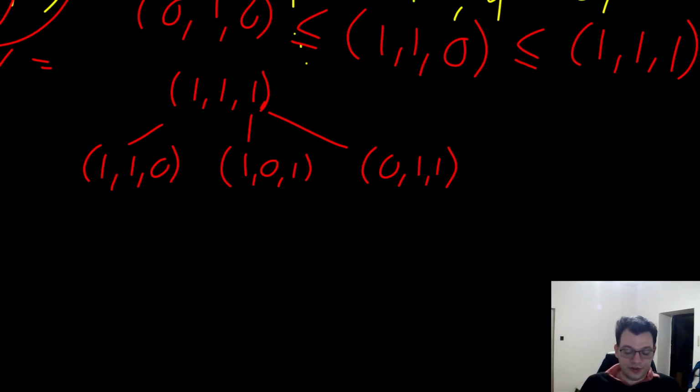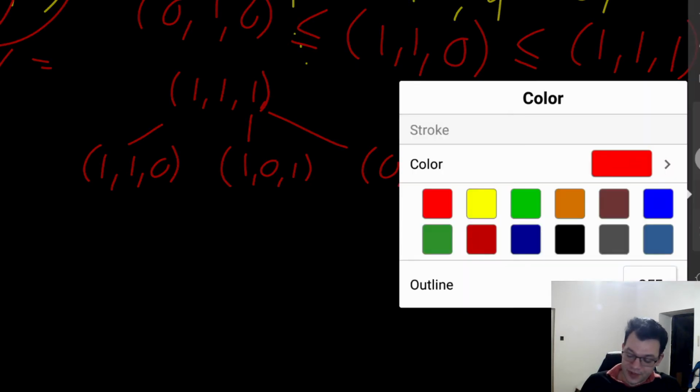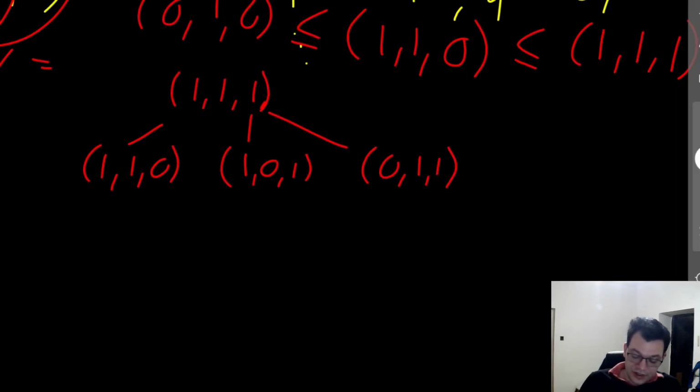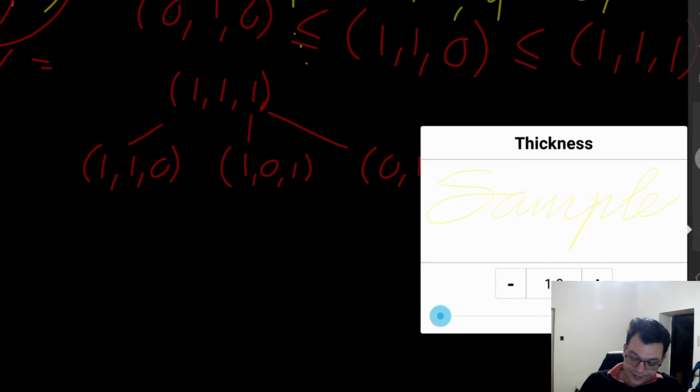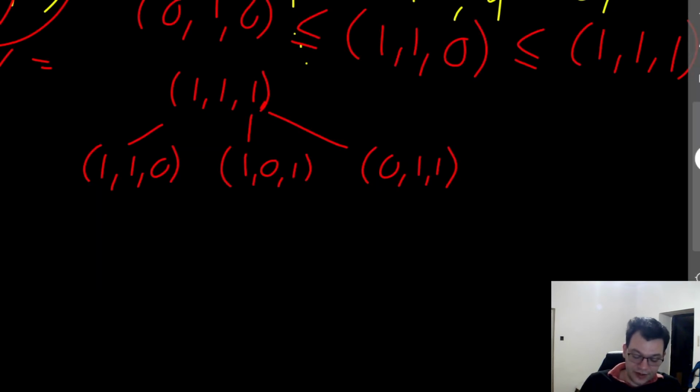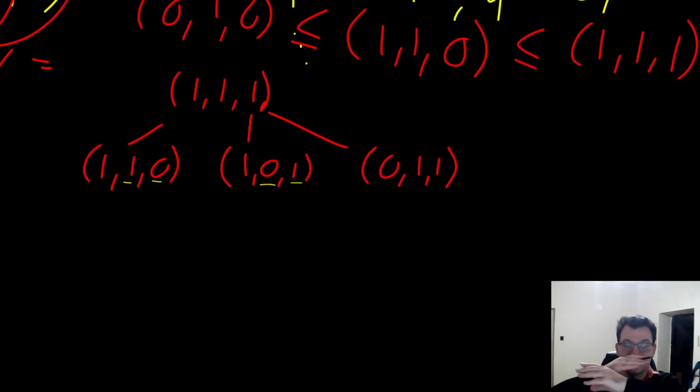For example, for the first two, here 1 is larger than 0, and 0 is larger than 1, so they are pointing onto each other, so it's not less than or equal to, and neither the other way around.